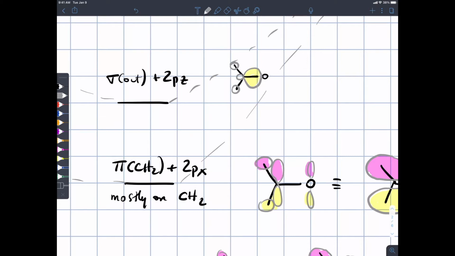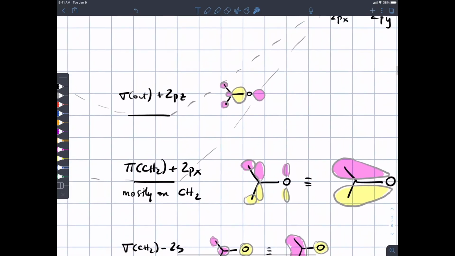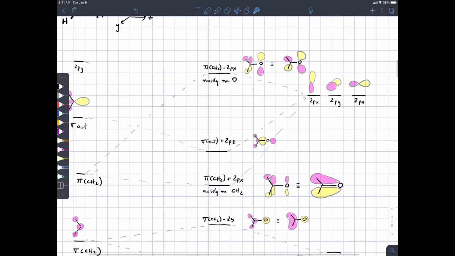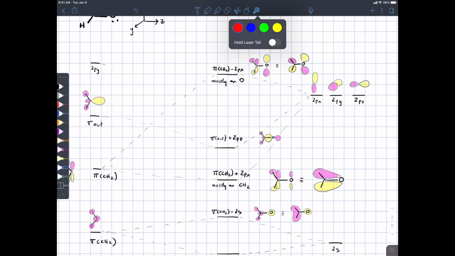A lobe on the back side of that carbon where the carbon overlaps with the CH2 groups, and then another lobe back here on the oxygen with phase changes, or changes in wave function sign, at the carbon nucleus and at the oxygen nucleus. I don't totally know whether to expect the 2pz orbital to be lower or higher in energy than the sigma out, so I won't worry at this stage about whether this is biased towards one or the other.